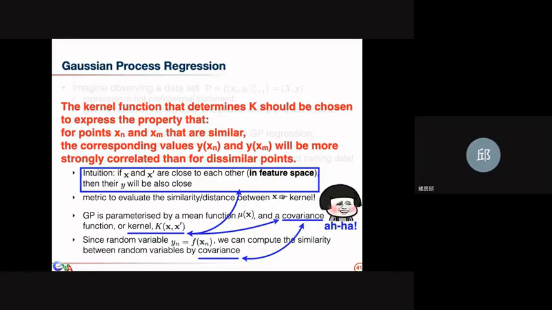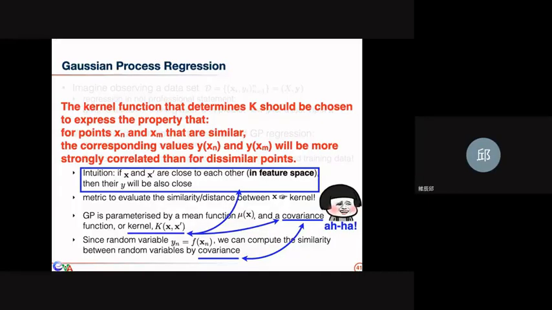You should choose a kernel function that is able to satisfy the intuition that for points xn and xm that are similar, their corresponding values y of xn and y of xm will be more strongly correlated than for dissimilar points. So you should try to find an appropriate kernel function such that it is able to satisfy this property given your training data.